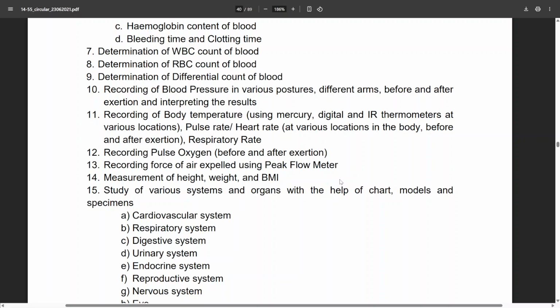Recording of body temperature using mercury, digital and infrared thermometers at various locations, pulse rate, heart rate at various locations in the body before and after exertion, respiratory rate.